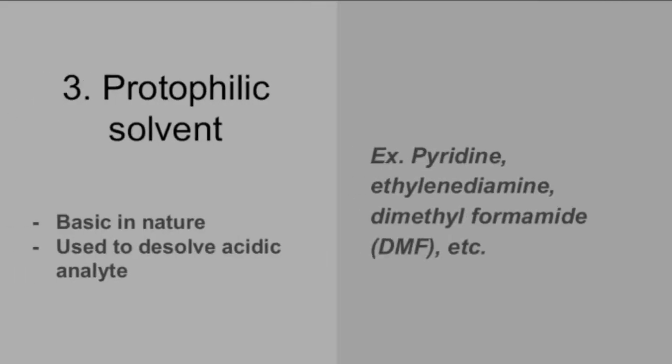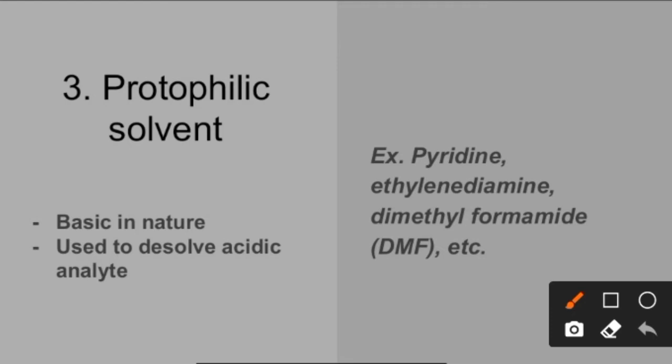Next type of non-aqueous solvent is protophilic solvent. As the name indicates, protophilic: proto means proton and philic means loving, which means those solvents which have the ability to accept the proton. So it is basic in nature and is used to dissolve acidic analyte.